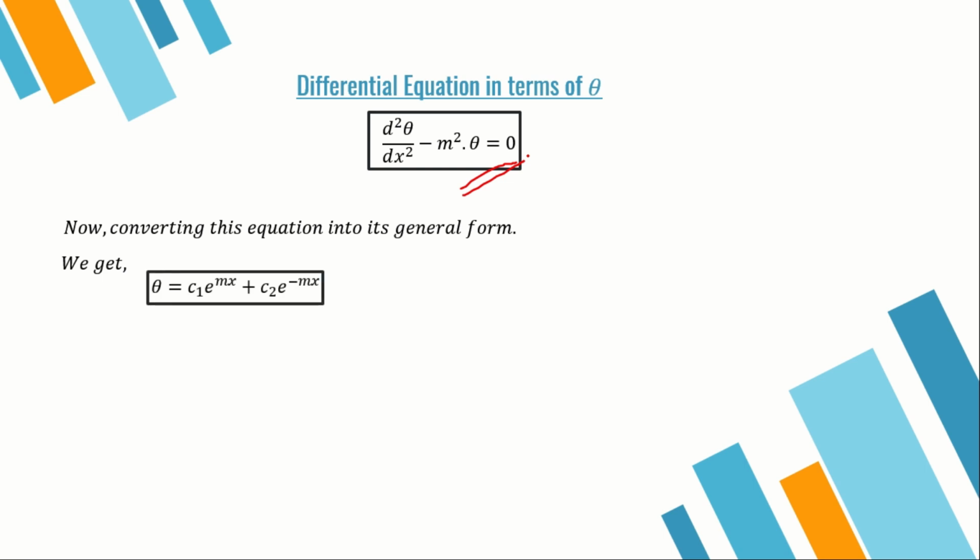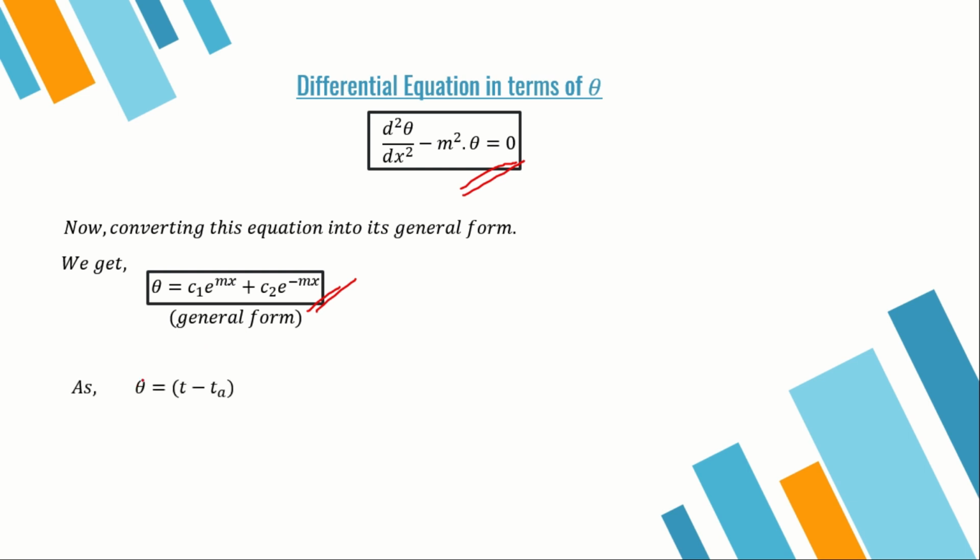We would get theta is equal to c1 e raised to the power mx plus c2 e raised to the power minus mx. As we know, any differential equation of this type has this general form solution.